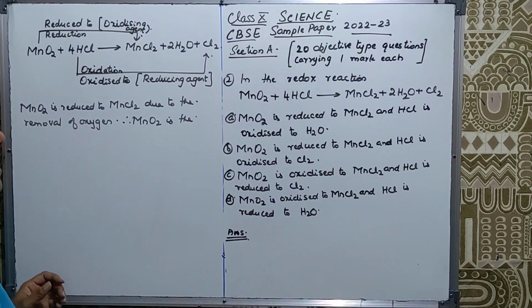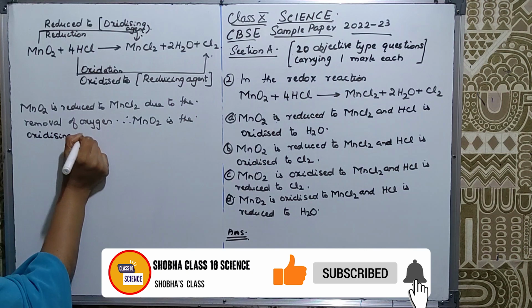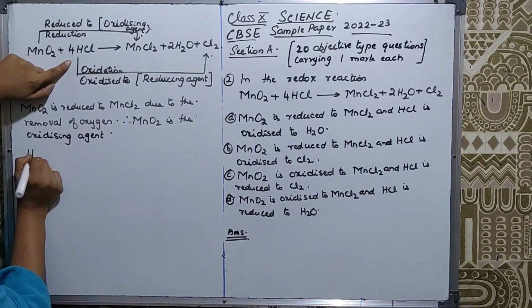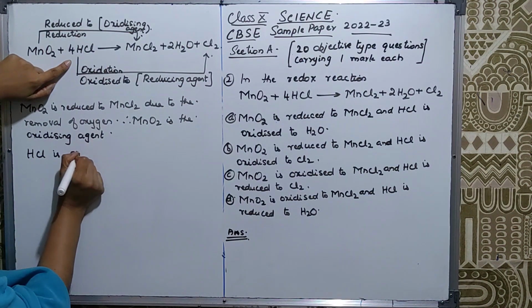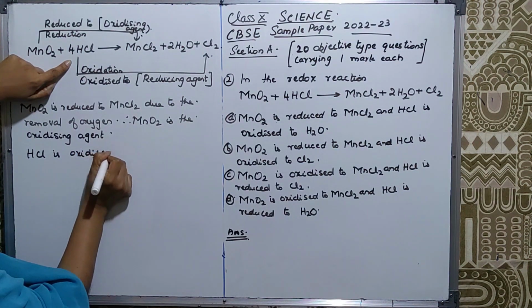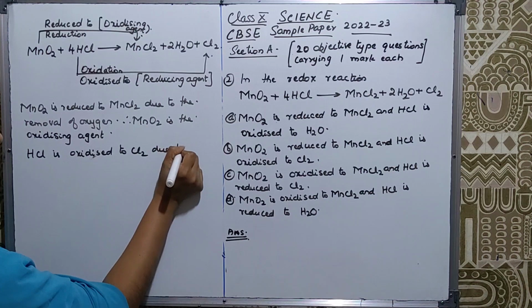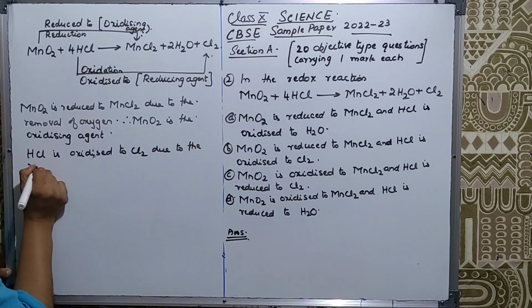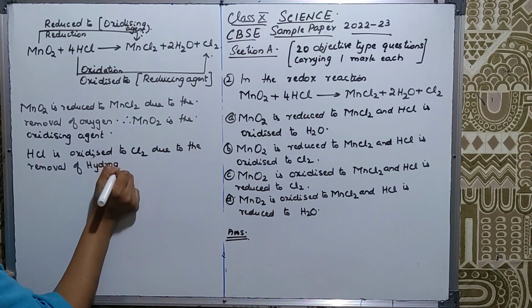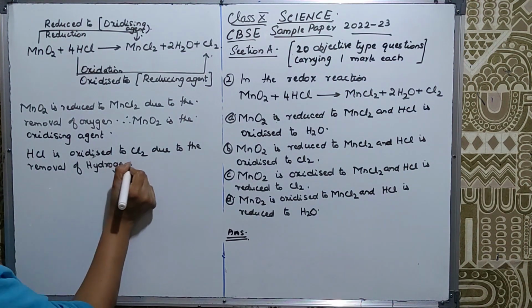Second, HCl is oxidized to Cl2 due to the removal of hydrogen, because removal of hydrogen or addition of oxygen is called oxidation.